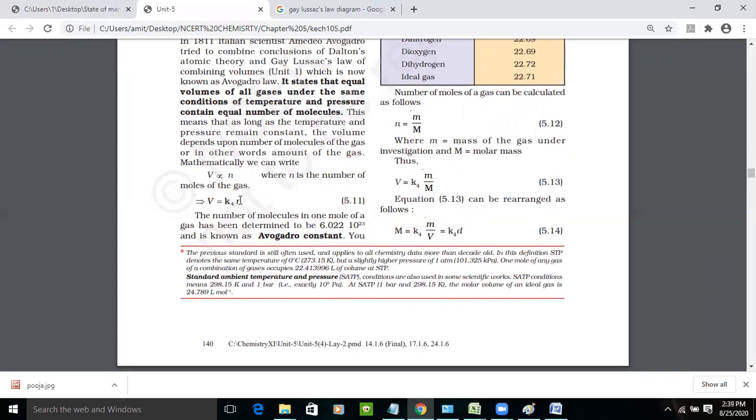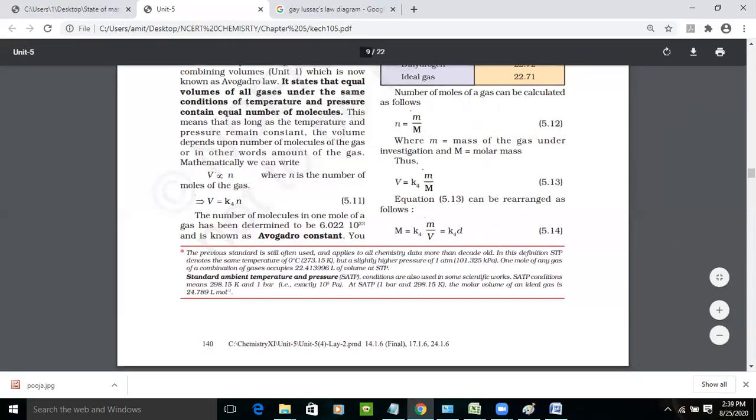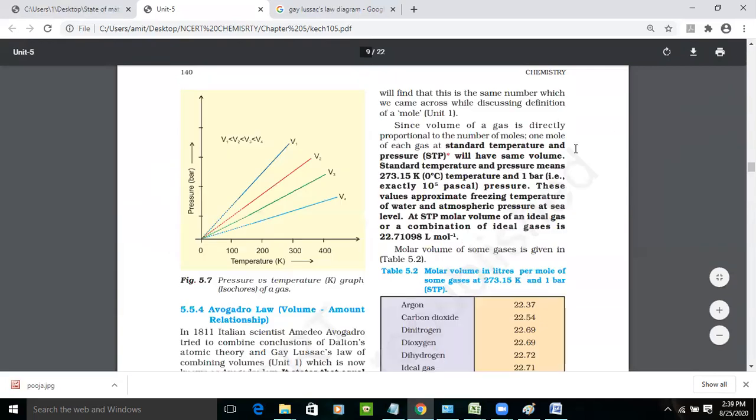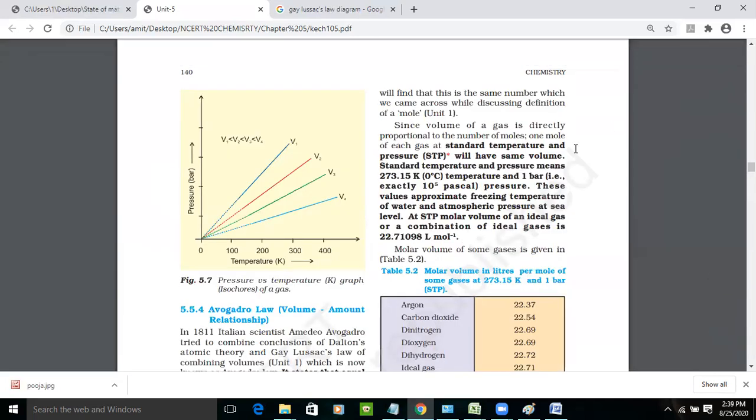From the Avogadro number we know that 1 mole of gas is equal to 6.022 times 10 to the power 23 molecules. Means if we are taking 1 mole of any gas, we are taking 6.022 times 10 to the power 23 molecules. That was stated by Avogadro in his Avogadro number.